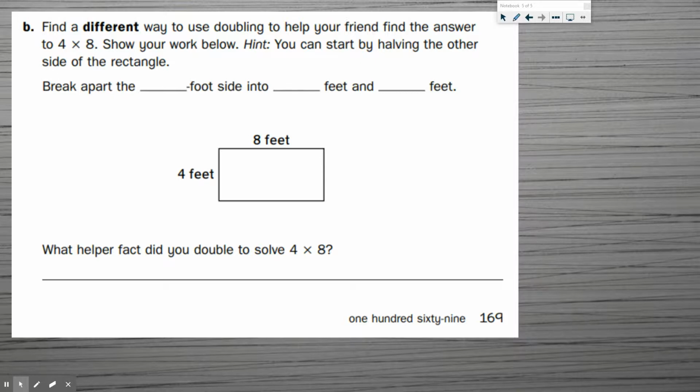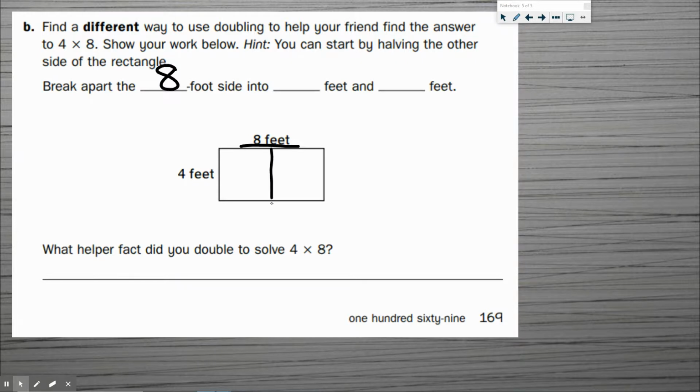Hint, you can start by halving the other side of the rectangle. So we already did this side, so we're going to do the 8 side. If I split this in half, I'm not going to have 8 feet, I'm going to have 4 and 4. So I'm going to split it into 4 feet and 4 feet.